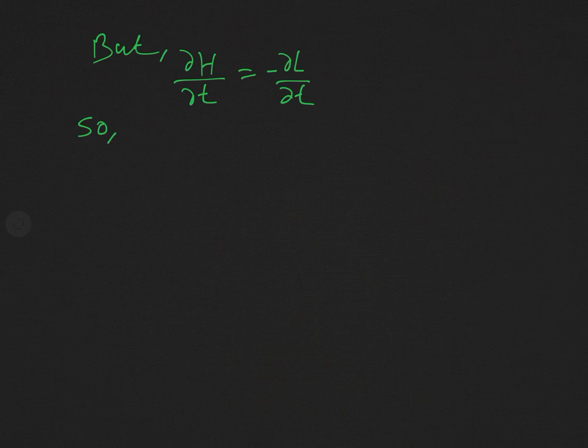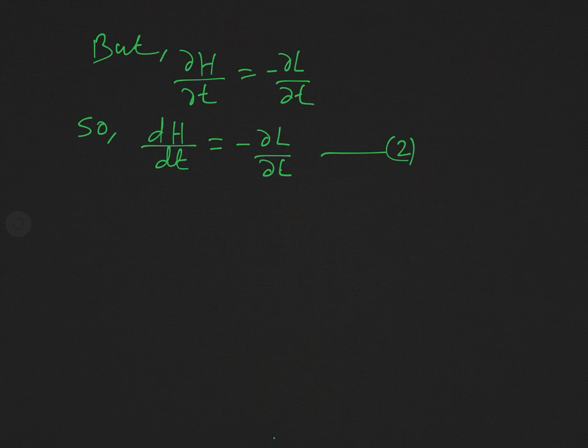So from equation 1 we can write that dH/dt is equal to minus ∂L/∂t. You can see it, minus ∂L/∂t, and say this is equation number 2.